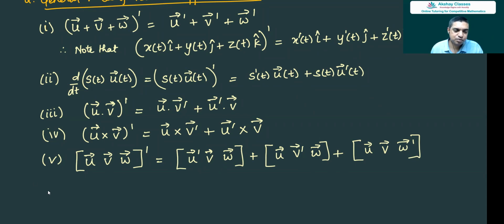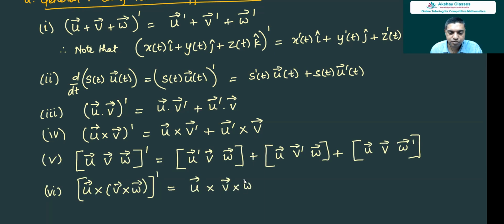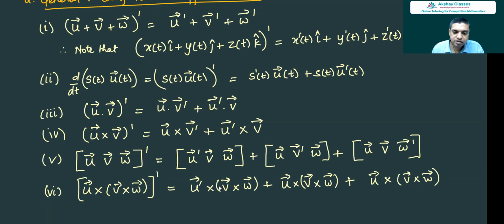The same is applicable to the vector triple product. Keep the order of the vectors the same. Do not change the order of the vectors. So in the first term, derivative of u, in the second term, derivative of v, in the third term, derivative of w.